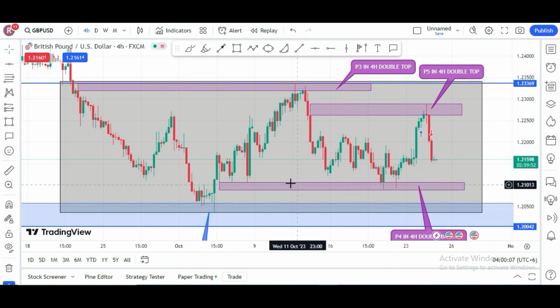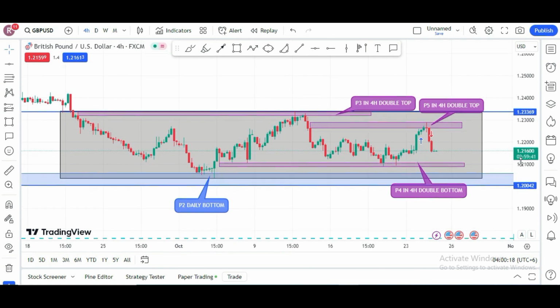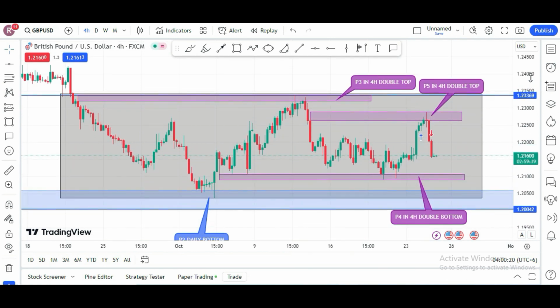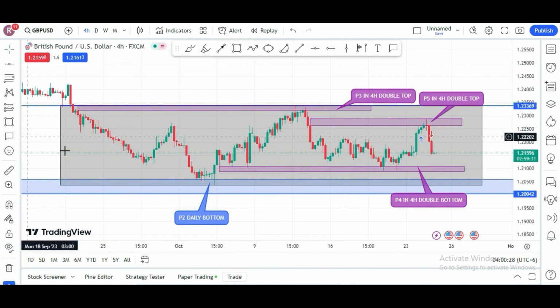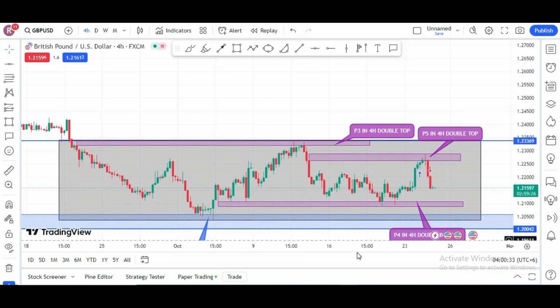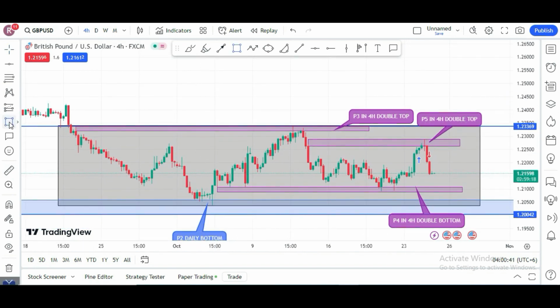So my opinion about this pair, as a swing trader, is about where it will go if it breaks. And breaking means, if it breaks on the upside, then it will go within this range.